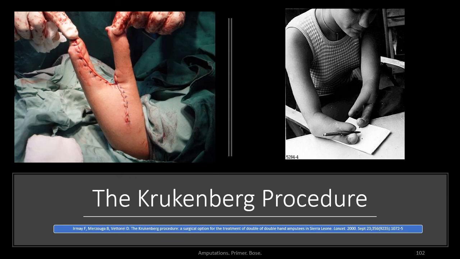In this complementary surgery to below elbow amputations and in cases of congenital absence of the hand, the radius and ulna are split to create a pincer, as shown in the image on the left.